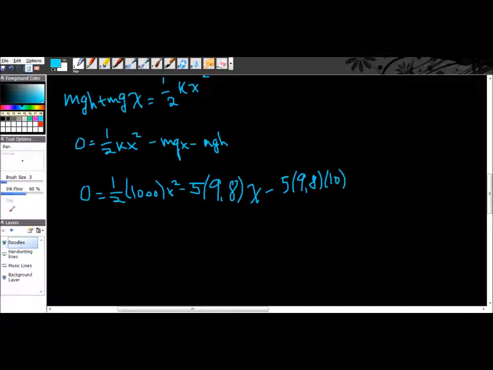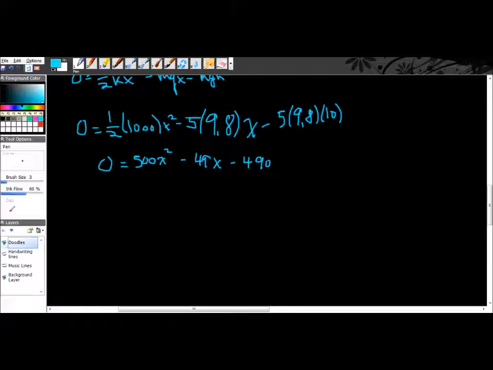Let me just do that on my calculator. 0 equals 500 x squared minus 5 times 9.8, which is 49, x minus 490.